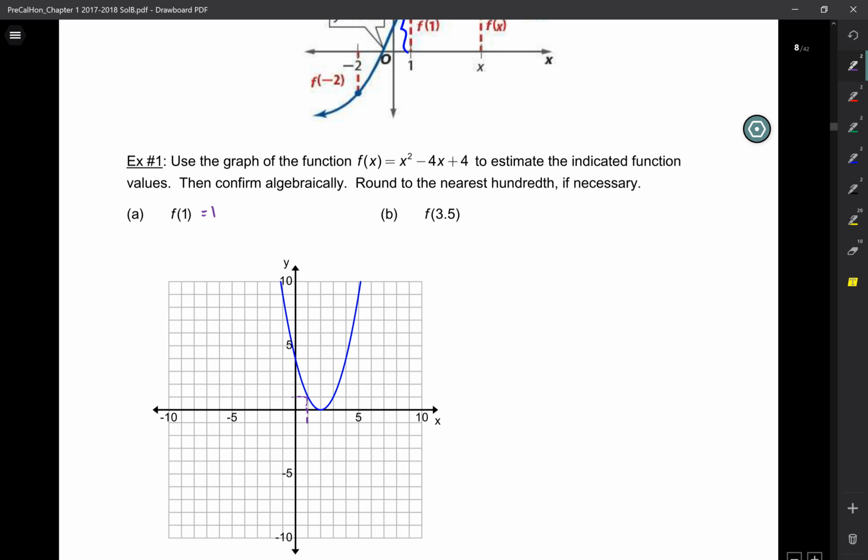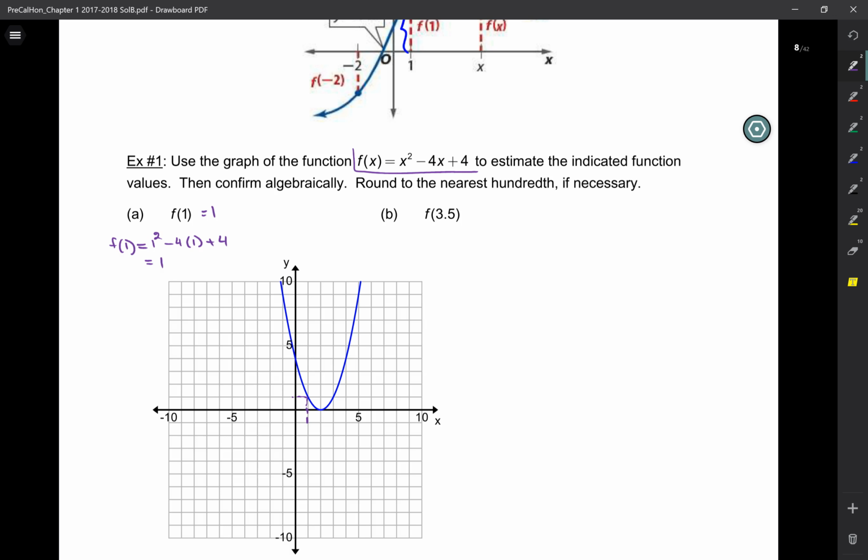Okay? So let's see algebraically if that checks out. Algebraically, f of 1, how would you find it? You plug it into that function, so it's 1 squared minus 4 times 1 plus 4. And magically, that's 1. Okay, so that confirms.